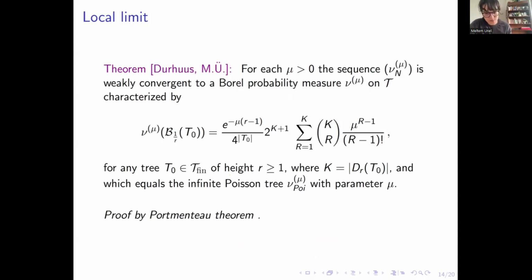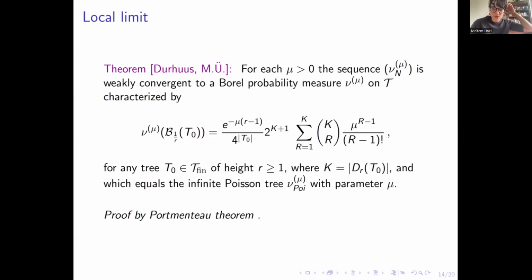For each positive mu, this sequence of measures nu n converges weakly to a limiting measure nu mu that is supported on the set of infinite trees, and the ball volumes are given by the expression that you see on the screen. Because we are talking about the local limit, with the properties of the balls that I had given, and the fact that the convergence is fully characterized by the balls, it's also true that the measure is fully characterized by the balls.